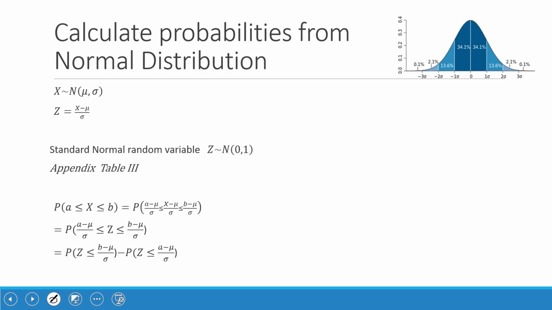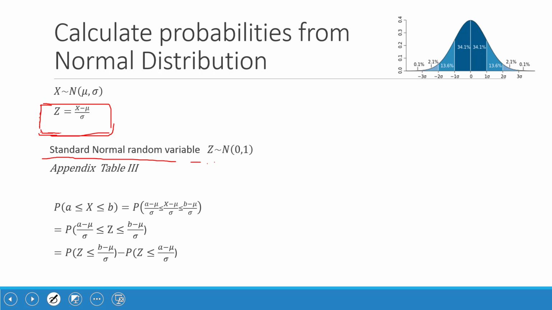Now, how do we calculate the probabilities from a normal distribution? There is one important thing that I want to point out before we go into the details of how we calculate probability. We define a standard normal random variable as a random variable that has mean 0 and variance 1, and Z can be calculated from a normal random variable.